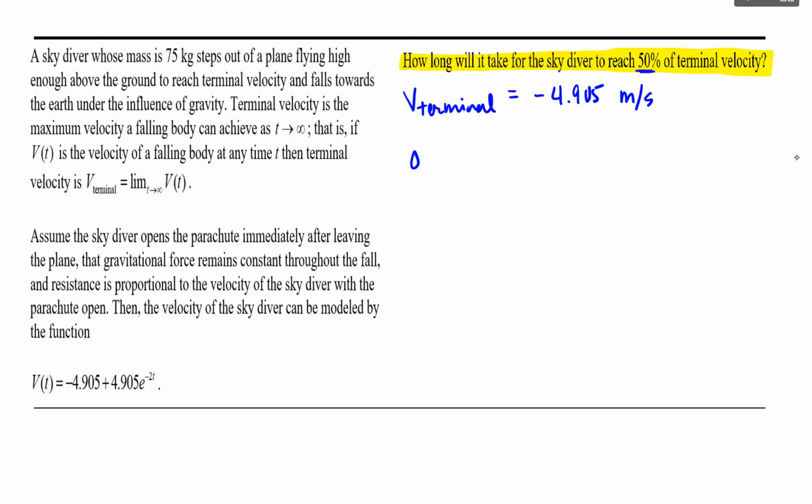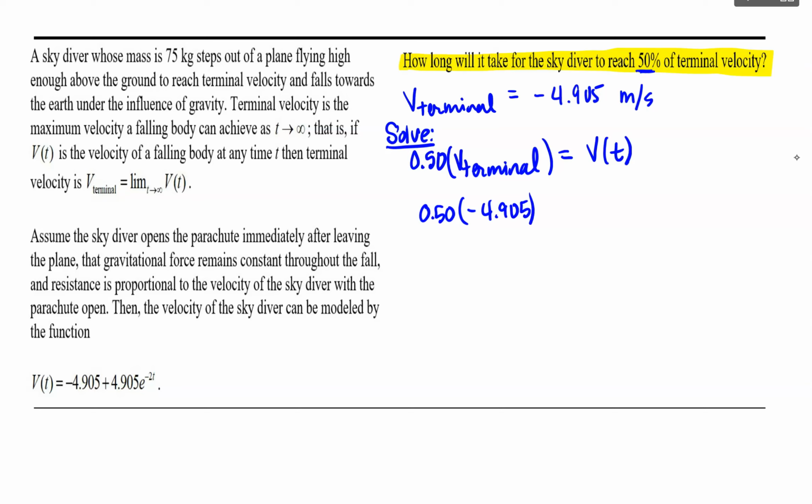So we want 50% of V terminal. We want to find what time, so we're going to set that equal to V of t, and this creates an equation that we solve. So we want 50% of our negative 4.905, and then we use our velocity function to help us find the value of time at which this happens.